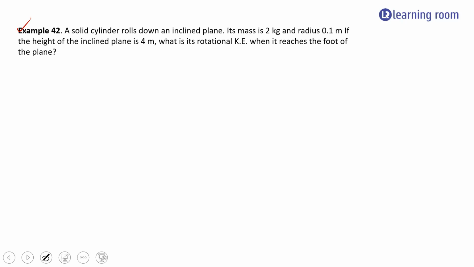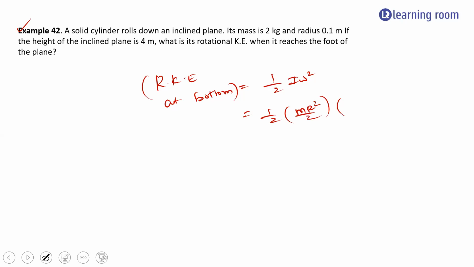Can you do that? Right? The rotational kinetic energy at the bottom will be equal to half I omega square, or half into mr square by 2 into omega square, which is v square by r square, and r square is common.